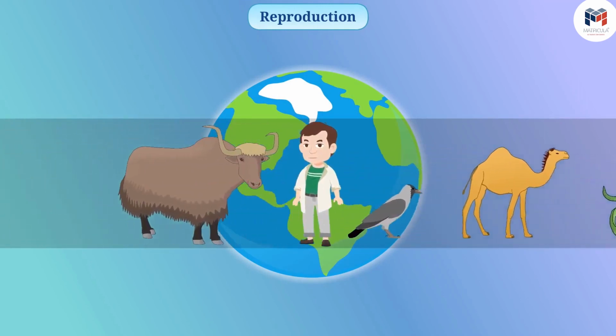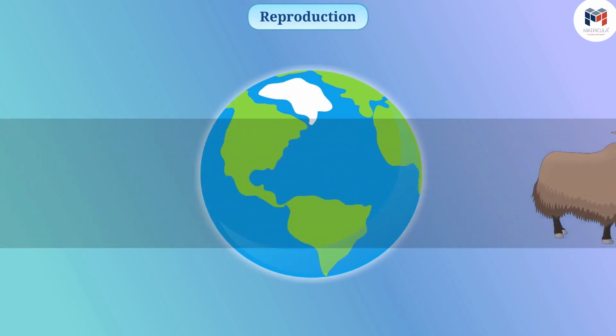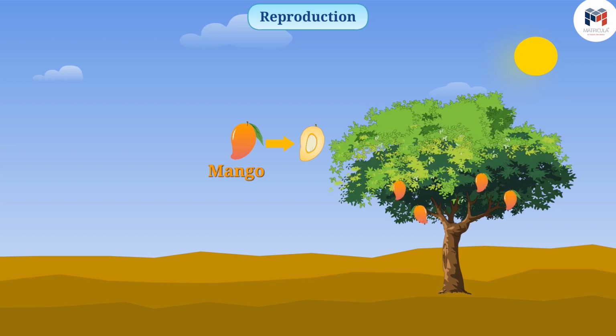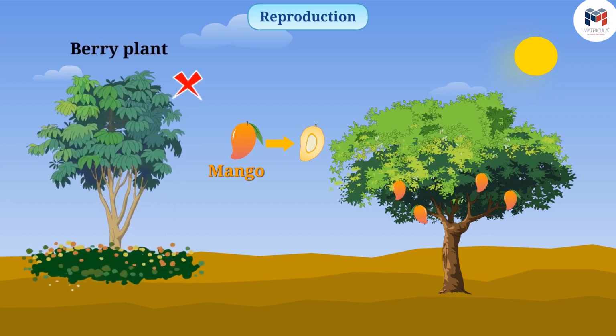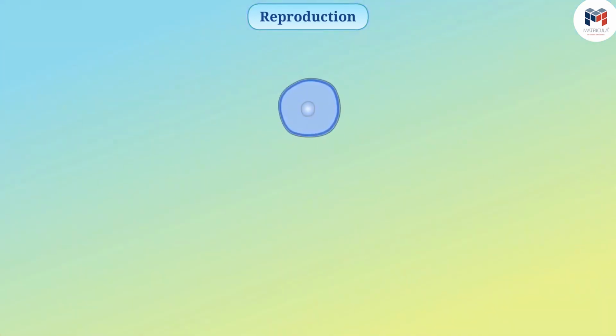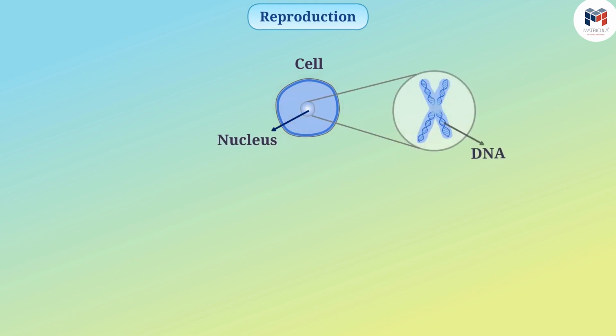Let's talk about important parameters of reproduction. You must know that a seed of mango produces a mango tree. It does not produce a berry plant. Why is it so? Let me tell you. The body of every organism is made up of cells that consist of a nucleus that contains DNA.